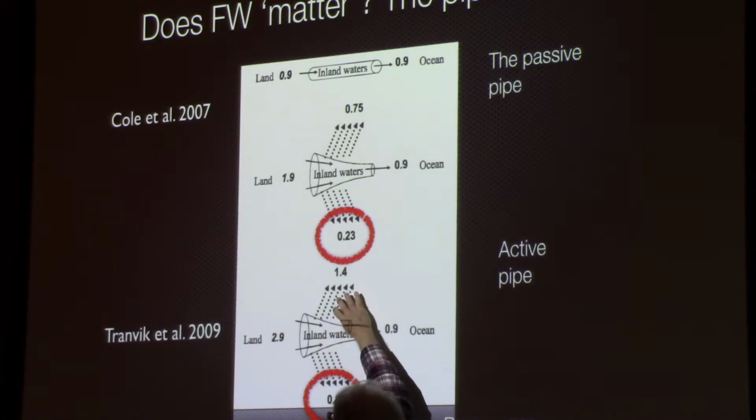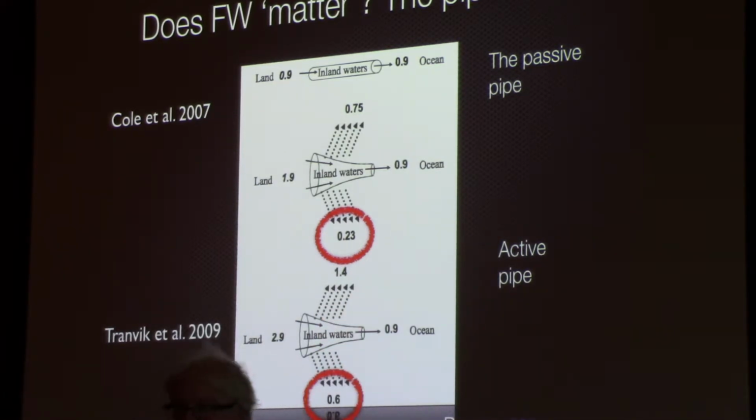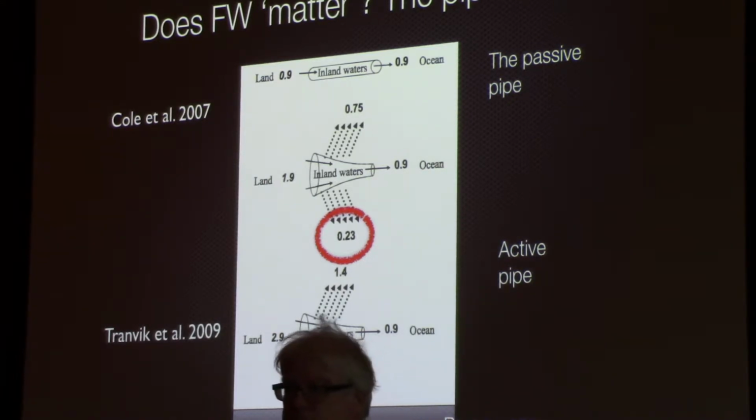And so this release here is CO2 that's respired. So the organic matter that comes into fresh waters is respired and turned into CO2 and returned back to the atmosphere. So about half of what comes in is released that way, and 0.6 petagrams is actually buried into the sediments of freshwater systems.